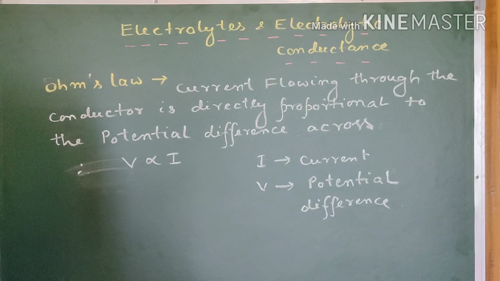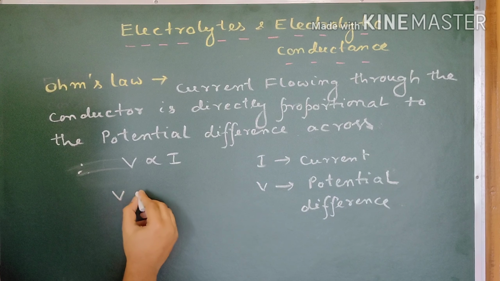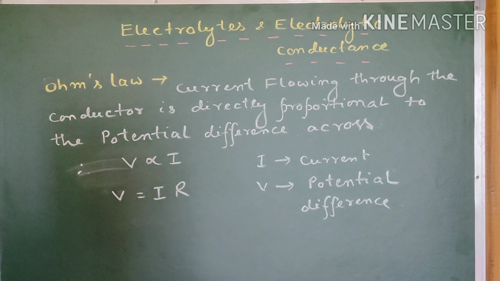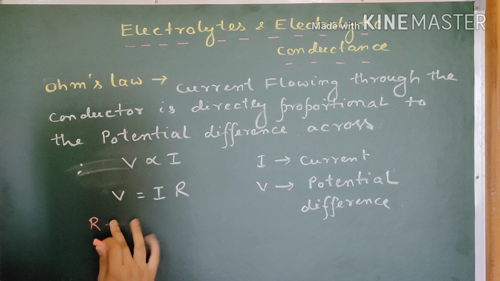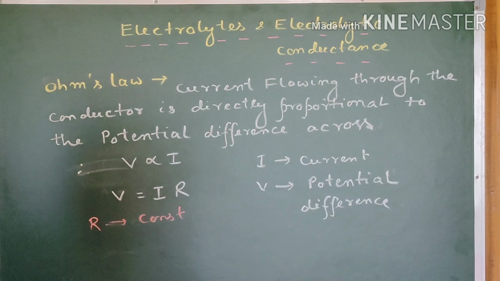As a result, if we remove this proportionality term, we all know, I think it is there in physics, you must have read, V is equal to IR, where R is a constant, and it is known as the resistance of the conductor.